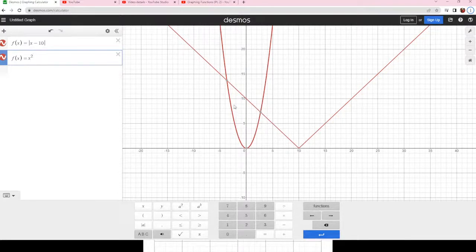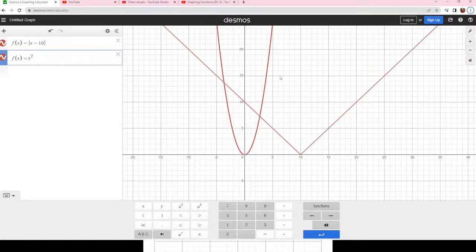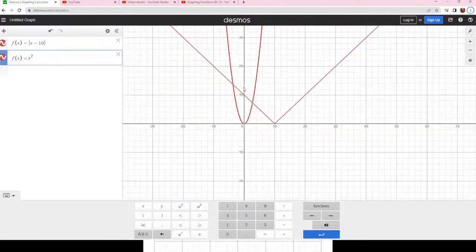And your x squared function will make this kind of curvy parabolic shape, or parabola is its official name. And that's because it's a type of exponential function. Exponential just means it gets out of control real fast. So x squared is going to shoot off into the sky real fast, and the absolute value of x is going to increase, but it's going to increase steady, slow and steady, okay?